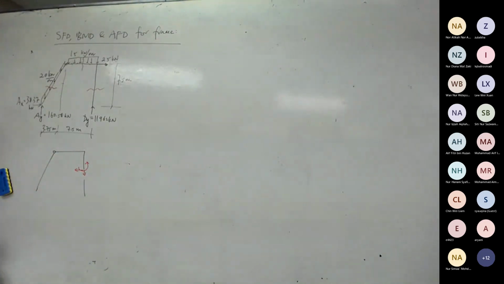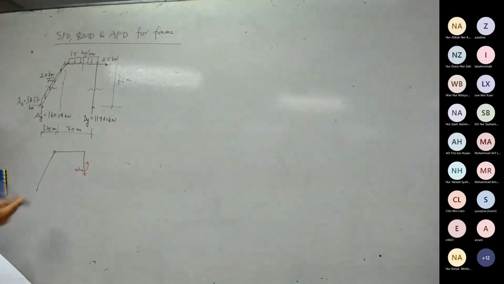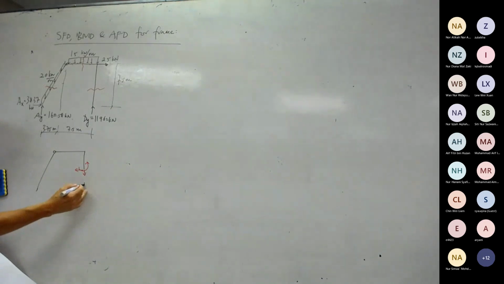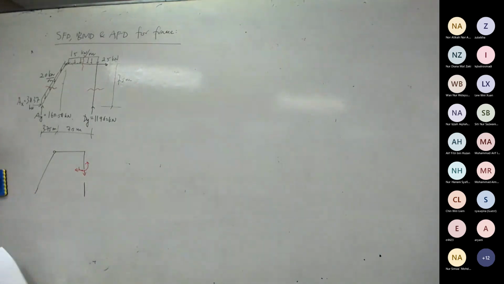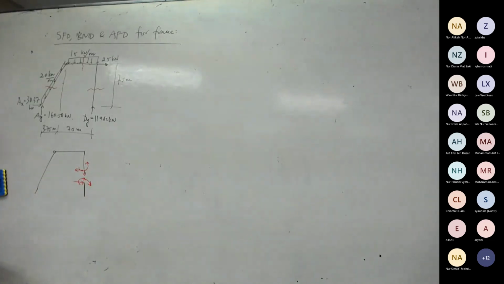Those are the things that you need to be clear about. I think those parts are in the notes, because if you use this side or that side, the positive directions will become different. The positive directions that we use to represent axial force, shear force, and bending moment will depend on which side you are using as the free body diagram for getting the internal force.